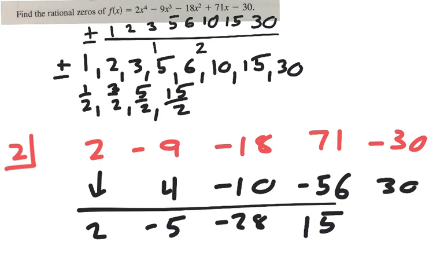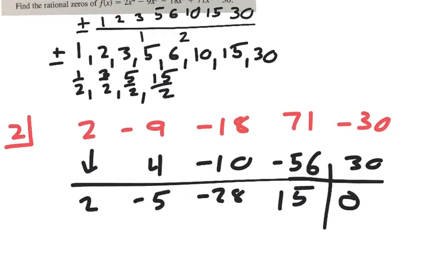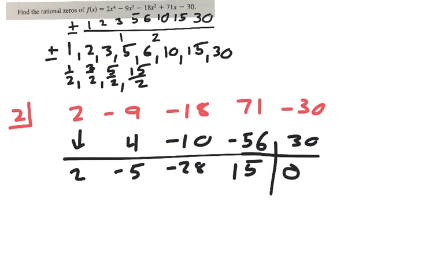Hey, it did work. Looks like a fish, not a 0. That's a little bit better. Okay, so 2 is a rational 0. Then what I have left is 2x cubed minus 5x squared minus 28x plus 15.